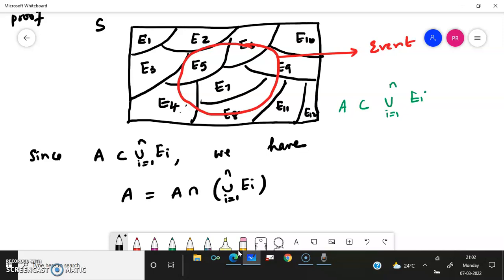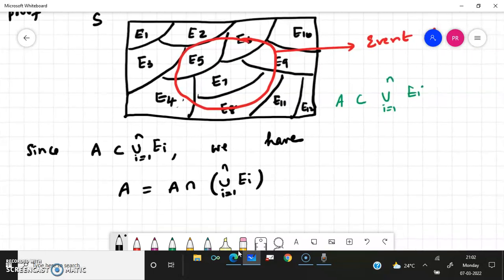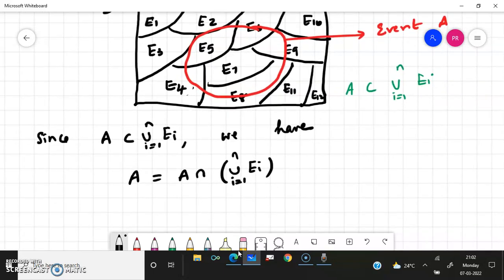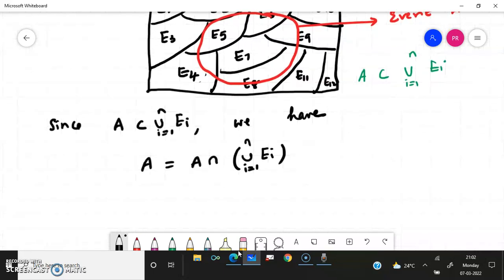What is given is A is a subset; the red color circle we have drawn is nothing but our event A, right? That is, A is a subset of union i equal to 1 to n Ei, so A can be taken as A intersection all this union, right? No harm in writing like this.